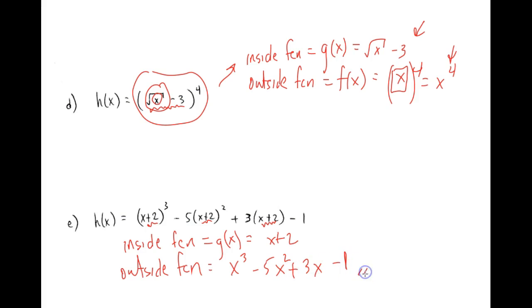Everywhere where we see x plus 2, we just look at it as a box there, and the box is just a placeholder. And our most common placeholder, again, is the variable x, or letter x. And so this concludes the video on decomposing composition functions.